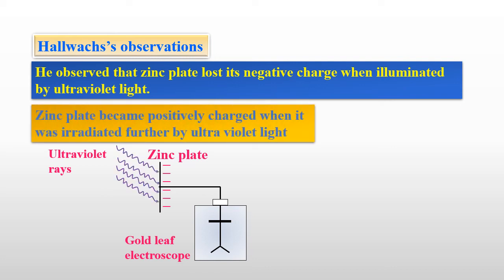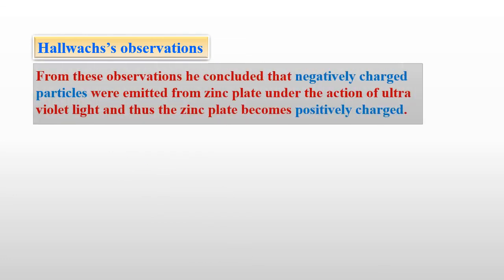The zinc plate becomes positively charged when irradiated further by ultraviolet light. That means negative charges are moving away from it, so the excess positive charges make the body positively charged. From these observations, he concluded that negatively charged particles were emitted from the zinc plate under the action of ultraviolet light, and thus the zinc plate becomes positively charged.